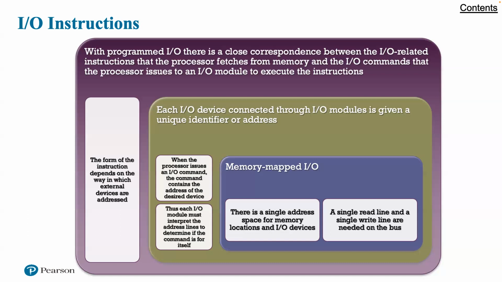With memory mapped I/O, a single read line and a single write line are needed on the bus. Alternatively, the bus may be equipped with a memory read and write plus input and output command lines. Now the command lines specify whether the address refers to a memory location or an I/O device.